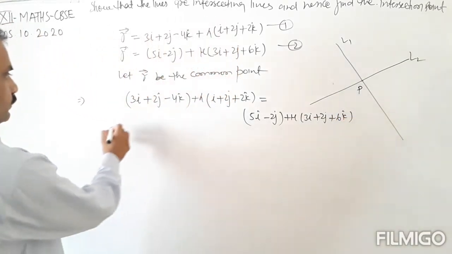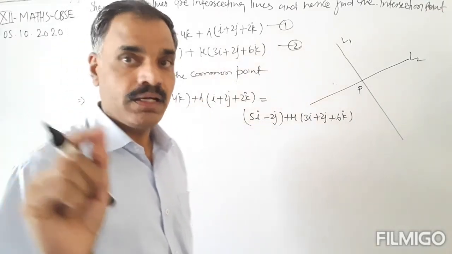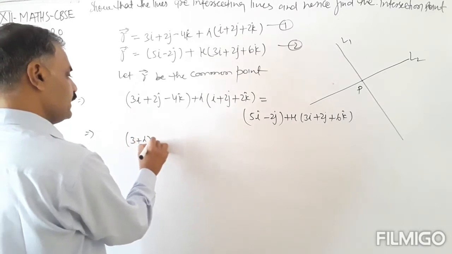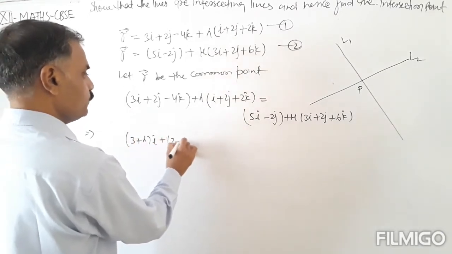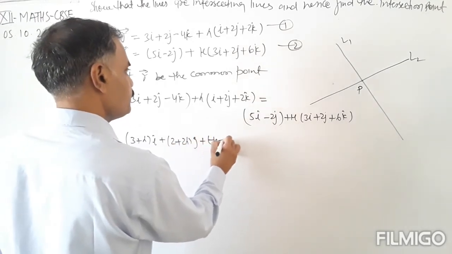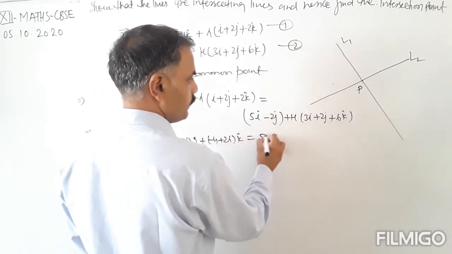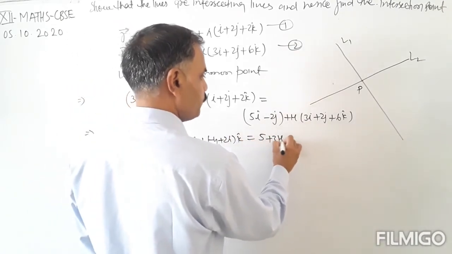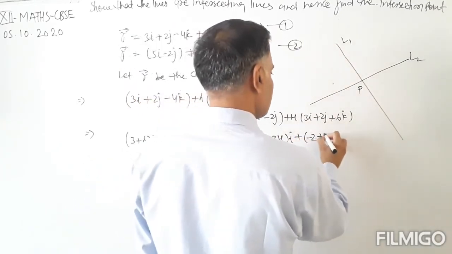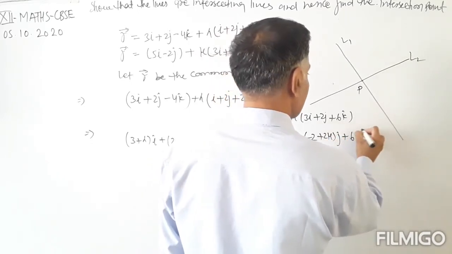Solving both sides for i cap, j cap and k cap: (3 plus lambda) i cap plus (2 plus 2 lambda) j cap plus (minus 4 plus 2 lambda) k cap equals (5 plus 3 mu) i cap plus (minus 2 plus 2 mu) j cap plus 6 mu k cap.